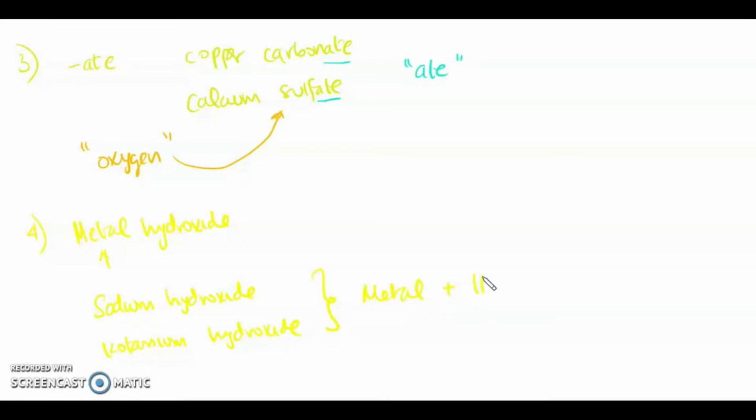They have hydrogen and they have oxygen. These are the only 3 things combining to give you a metal hydroxide. So in a metal hydroxide, you have the metal, you have hydrogen, that's from where you get the word hydro, and oxide, you have oxygen, right?